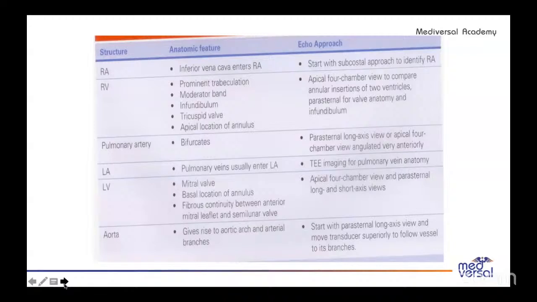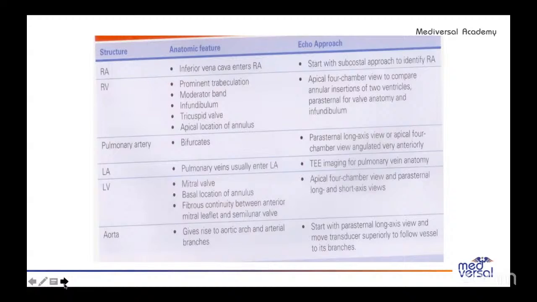So this is another way, and apical four-chamber also you can see. So all these views you can use for the pulmonary artery. For the LA, you have to see definitely that the pulmonary veins enter. So how will you see? That is in TE imaging. Usually you can recognize the veins which are entering the LA, right?